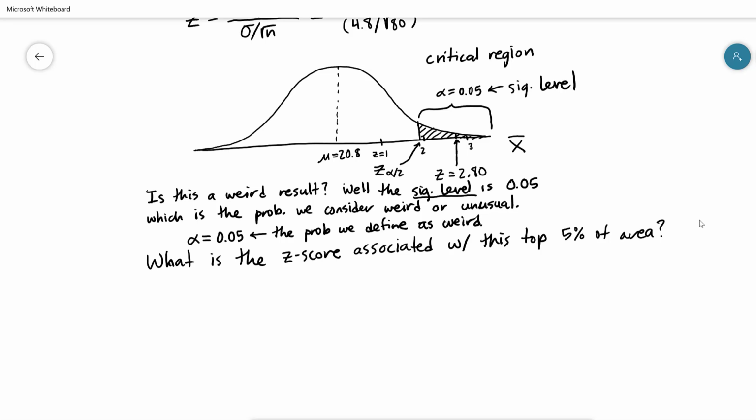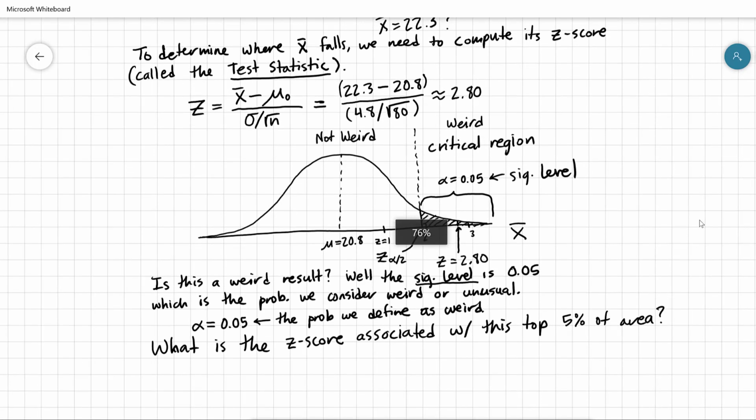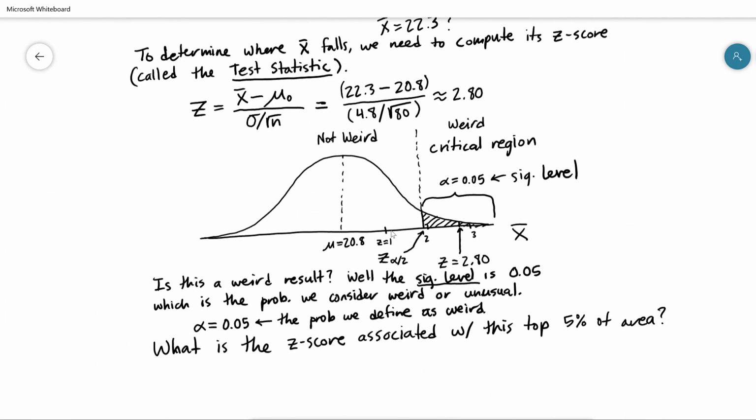So that critical region, basically what we're saying is right here, I'm going to put a divider. Any result that falls over here, we're going to say that's not weird. Any result that falls over here, that's going to be considered weird. The critical region is just the weird region. Any results that fall on this side are close enough to the value I was expecting that I'm going to consider it not a weird result.